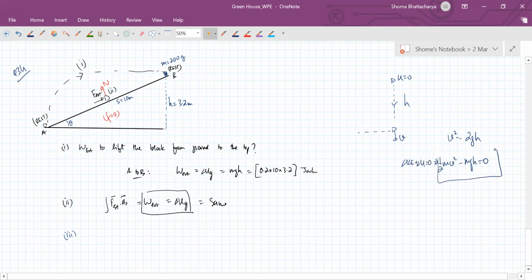So either way you can see that v will be equal to root 2gh.